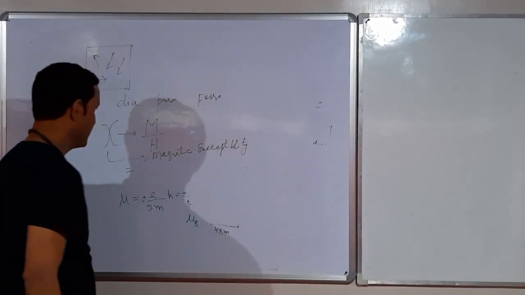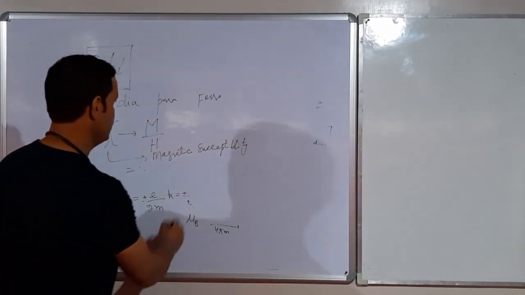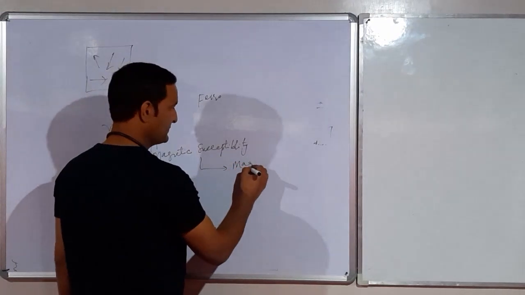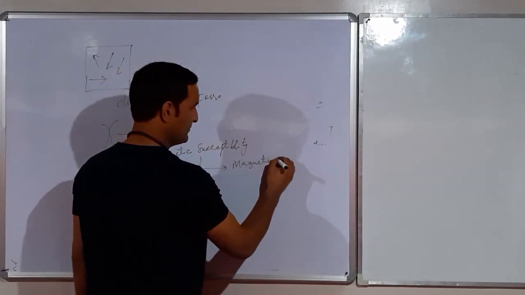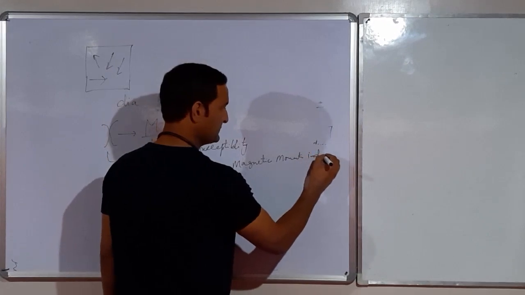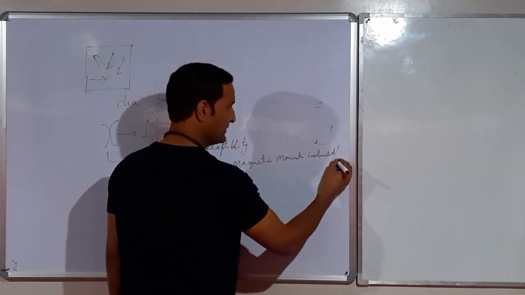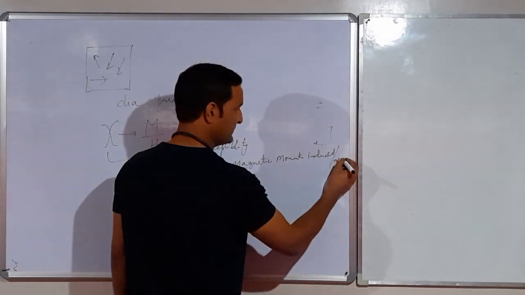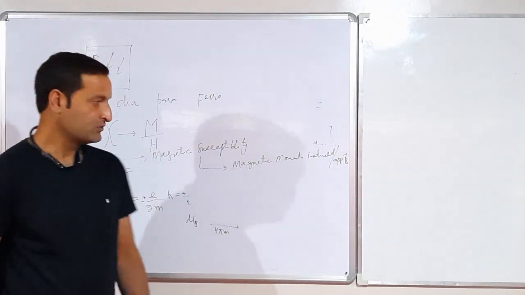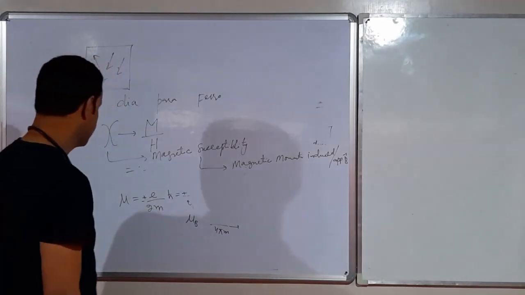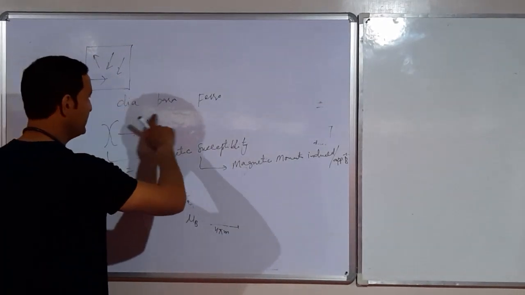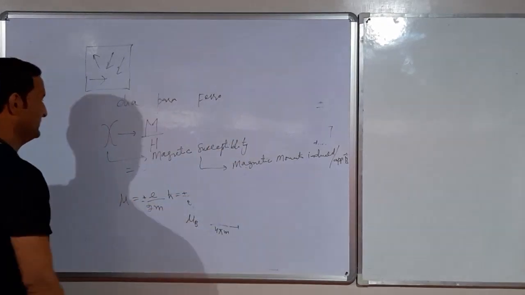Chi is the magnetic susceptibility and is defined as magnetic moment induced per unit applied field. Therefore, on the basis of this chi, we can classify the materials as dia, para, and ferromagnetic materials.